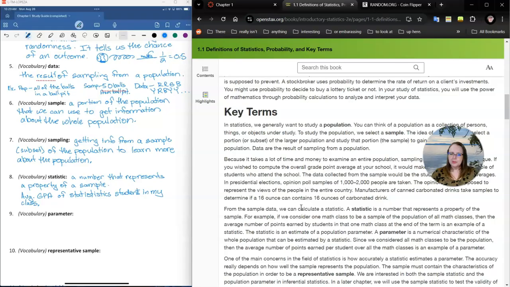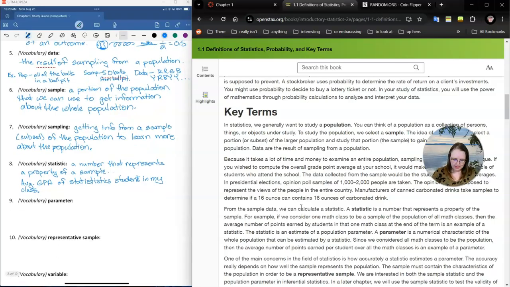That has me flipping in circles a little bit, that definition, because it feels like it's trying to define itself. So it says a numerical characteristic of, what is it?